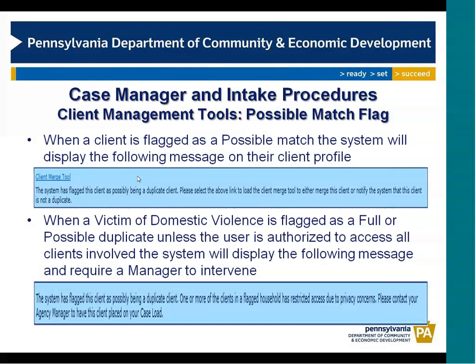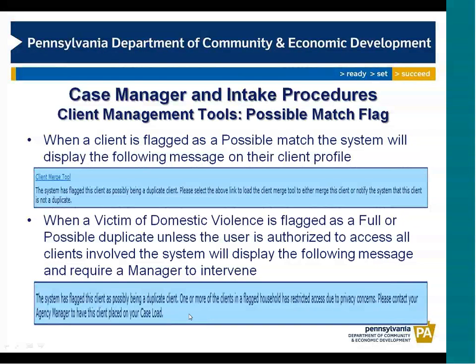Now, with this whole merging process, we also had to put in logic to make sure that any domestic violence client data is kept private. If a domestic violence client is flagged, either as full or possible, and you as a user do not have access to that client, and it could be directly the client or any related household member, since it is a household process, the system will display this message that says one or more clients flagged in the household has restricted access due to privacy concerns.